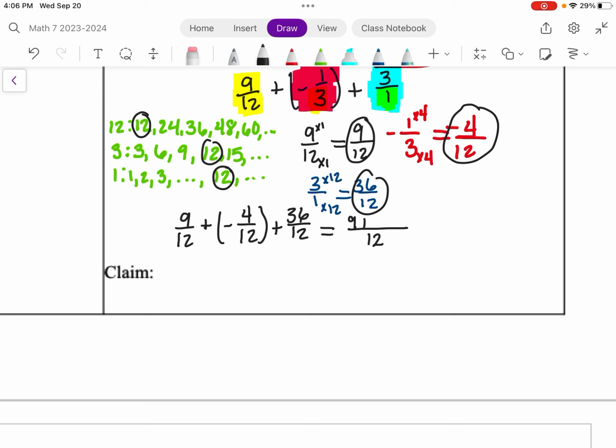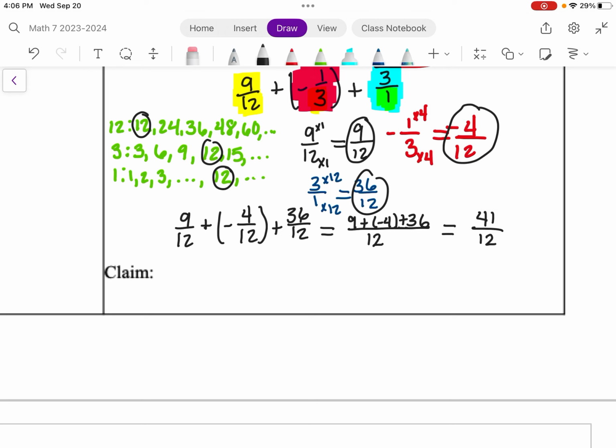So I'm going to move over my 9 plus negative 4 plus 36. Okay, adding these together, 9 plus negative 4 is 5. 5 plus 36 is 41.